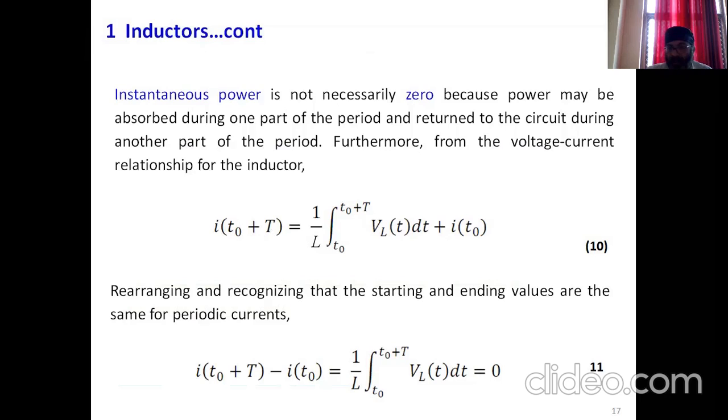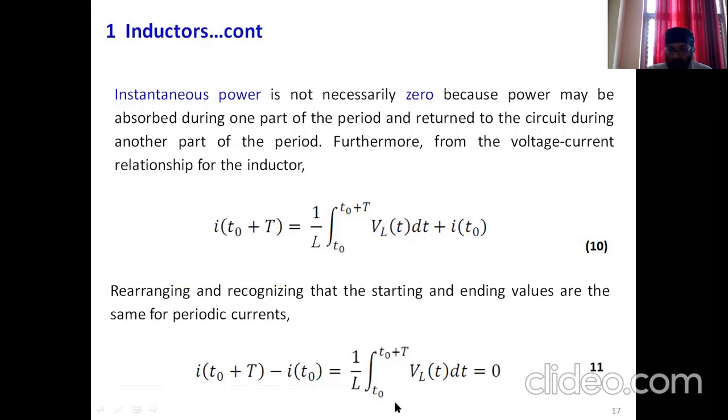Whatever voltage appears across the inductor, divided by the value of the inductor and integrated over the complete time cycle, gives us the current for that complete cycle. Then rearranging equation 10, taking the initial value over here, and equating it to 0, because we already know the net is 0. Whatever is stored is thrown out. So for periodic signals, the net value is 0.